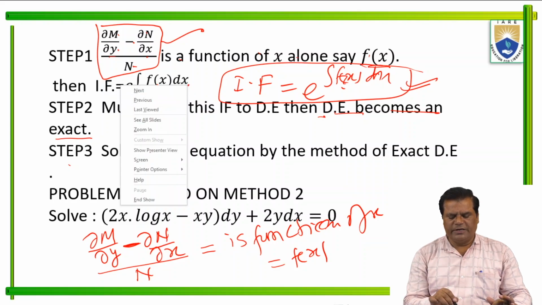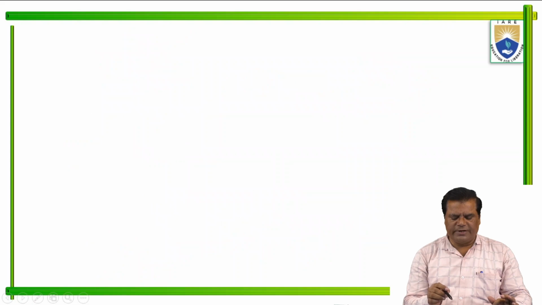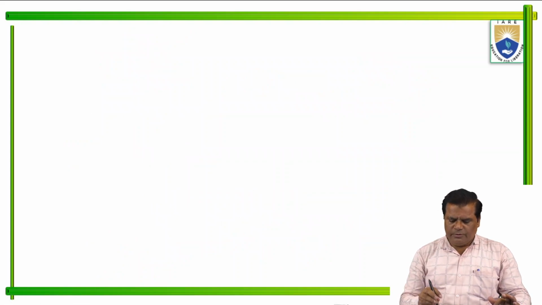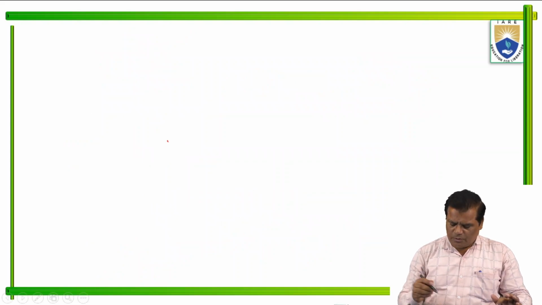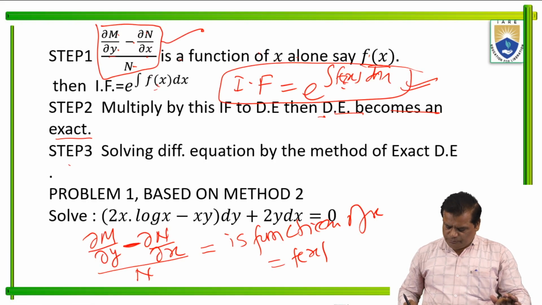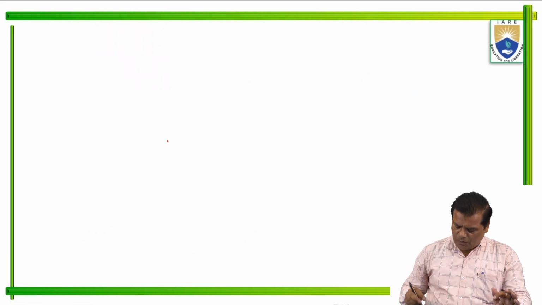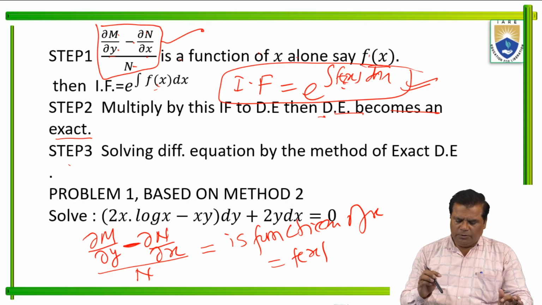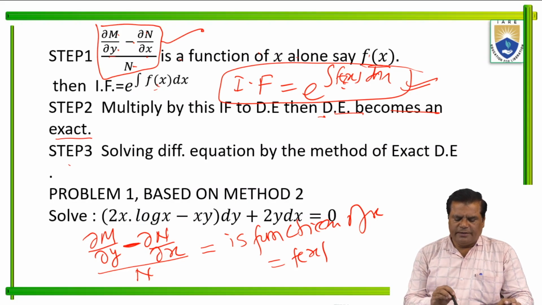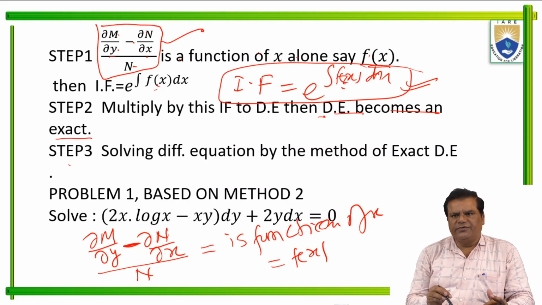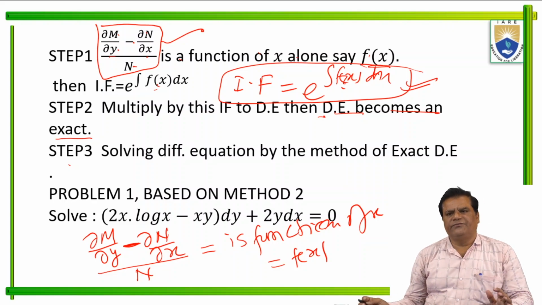So this is the integrating factor. Multiply this integrating factor to the differential equation, then the differential equation becomes exact. Step 3 is solving the differential equation by the method of an exact differential equation.